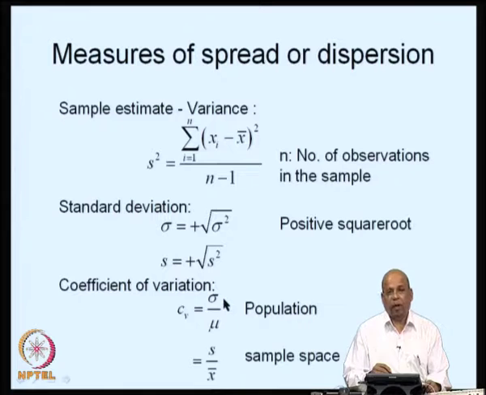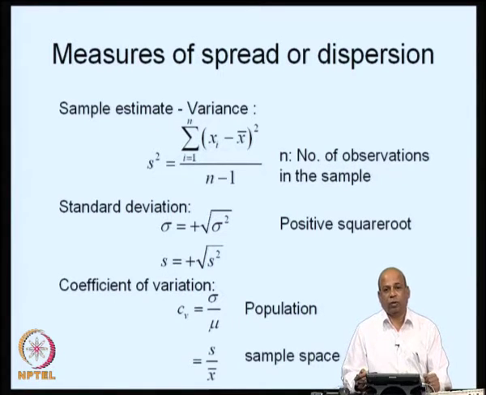As you can see, sigma has the same units as x, mu has the same units as x, and therefore, CV will not have any units, and for the sample it is given by S by x bar. So, in general we use coefficient of variation as a measure of spread when we want to have comparison among different distributions.